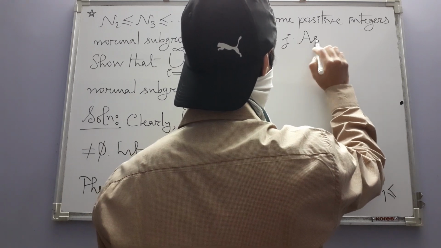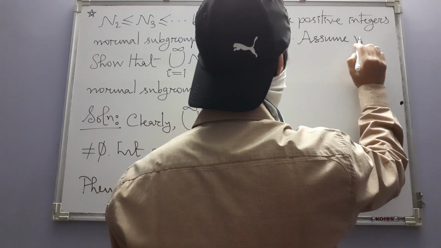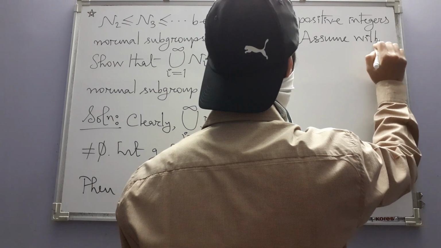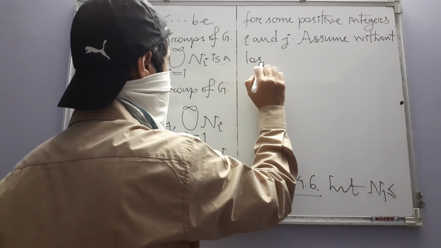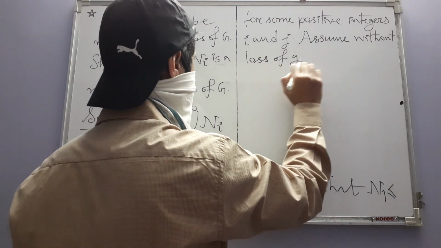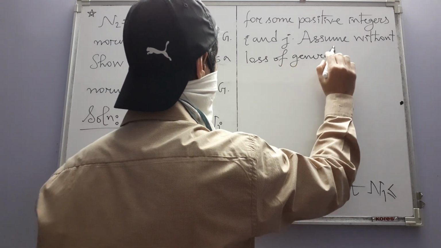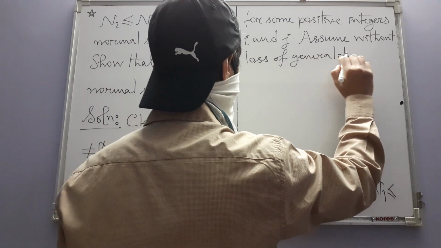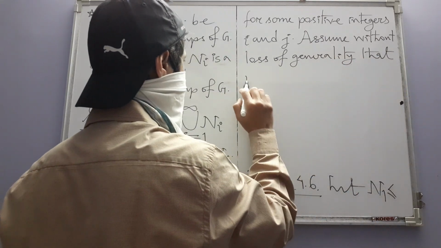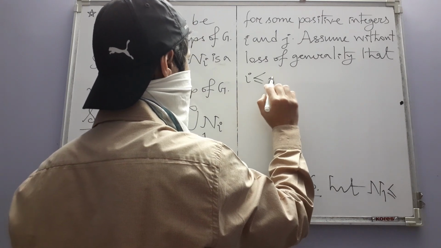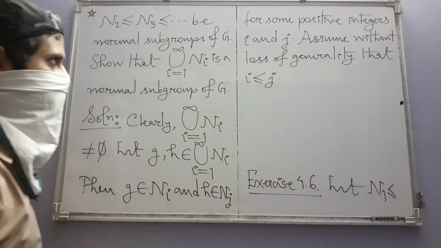Assume without loss of generality that i is less than or equal to j.